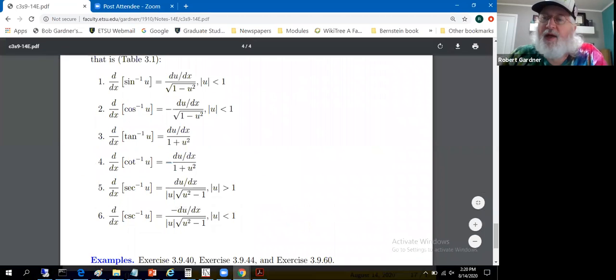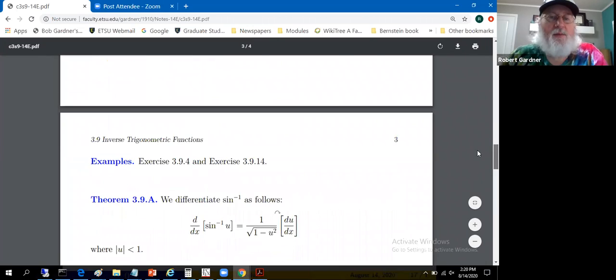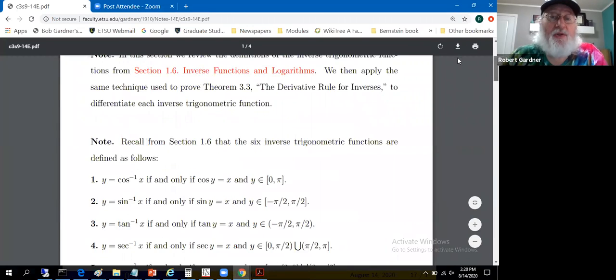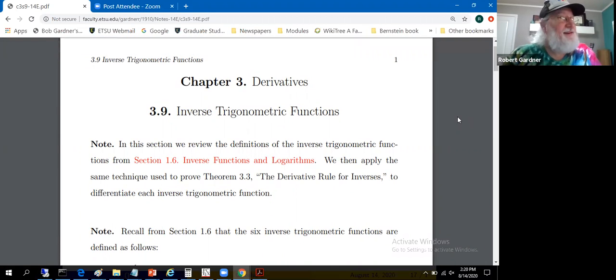And that completes, excellent, that completes section 3.9. So let's end this section the way we started it. You're good at differentiation. You know as much about differentiation as I do. Maybe that ain't saying much, but you're up to date on differentiation.